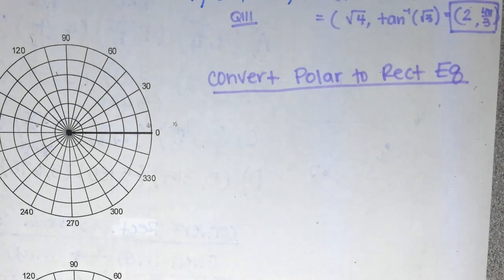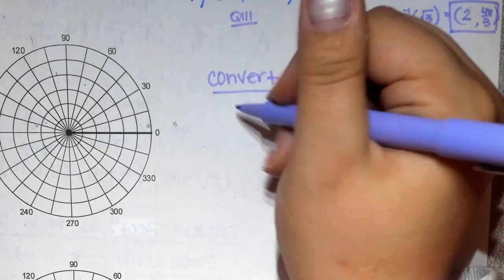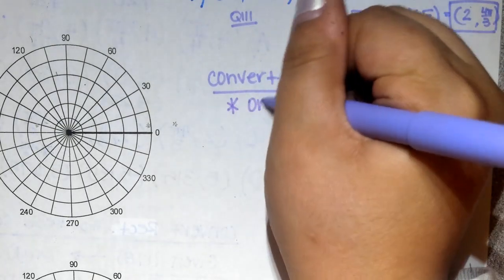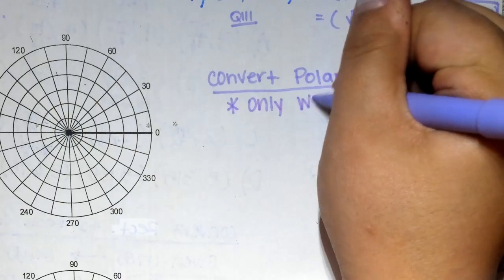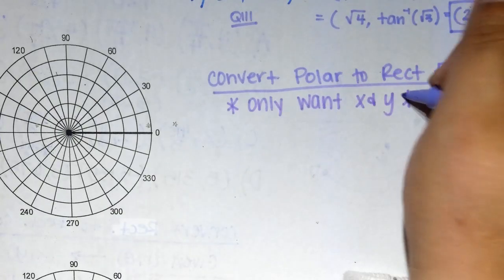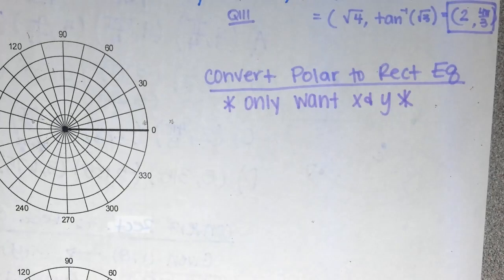When we are converting polar to rectangular, you only want x and y in your answer. So I'm going to give you an equation. If I want a rectangular equation, I only want x and y.